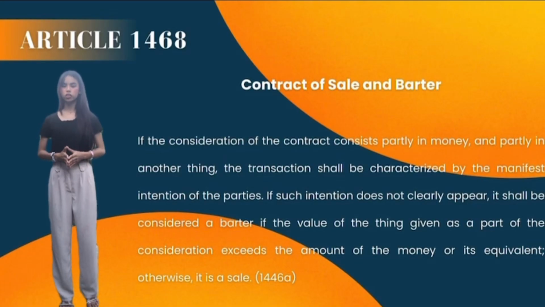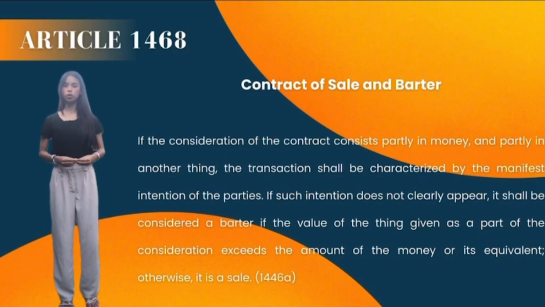If that intention isn't crystal clear, then the law provides a practical rule. We compare the value of the thing you're offering to the amount of money involved. If the value of the item is more than the money, it leans towards being a barter. Think of it as an item being the main part of the deal.